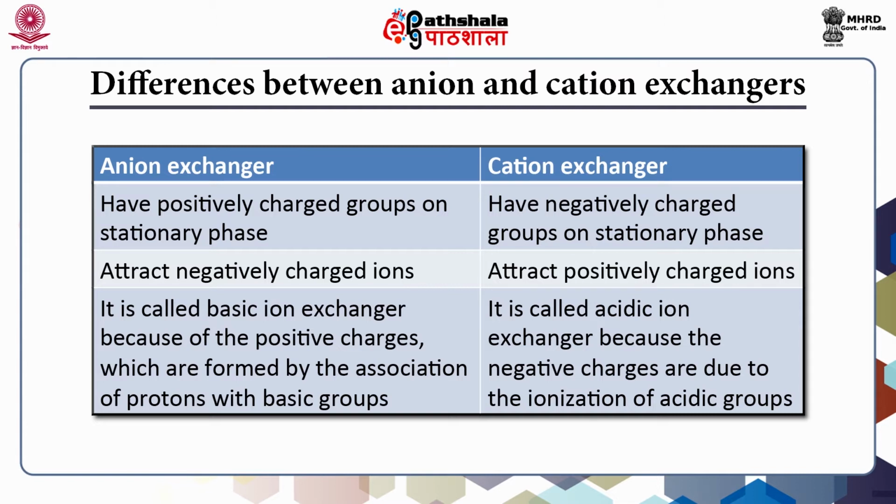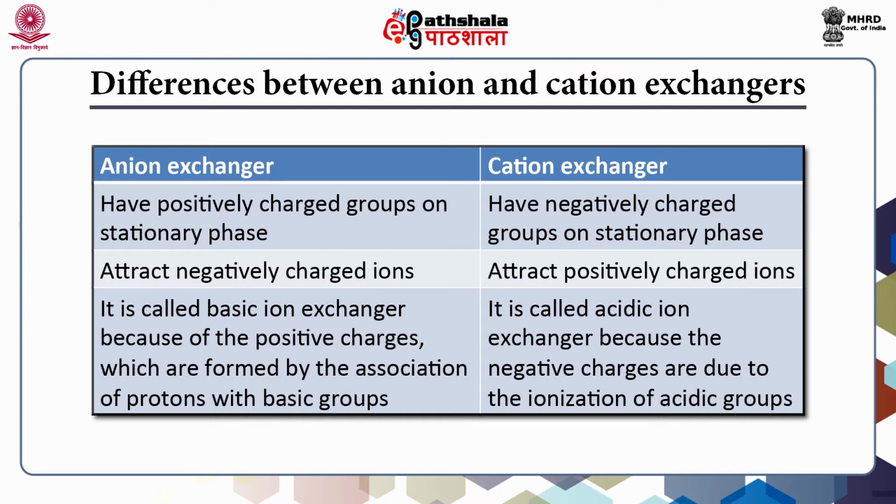The third difference between anion exchanger and cation exchanger is that the anion exchanger is called as basic ion exchanger. Why? Because the charges present on the anion exchanger are positive. These positive charges are formed by the association of protons with the basic groups.